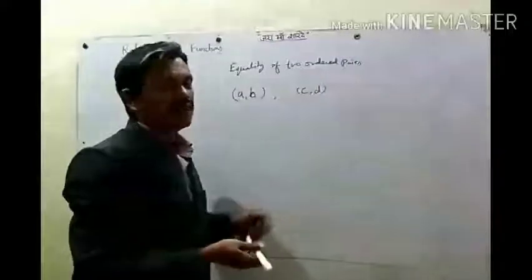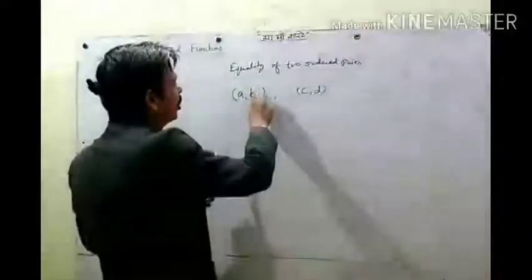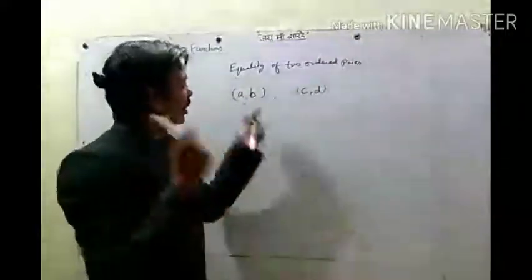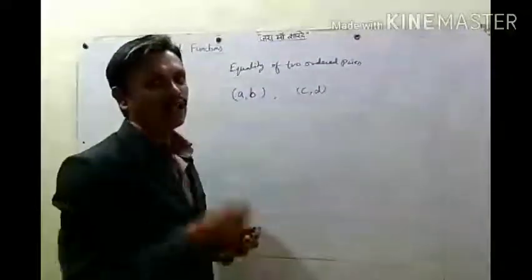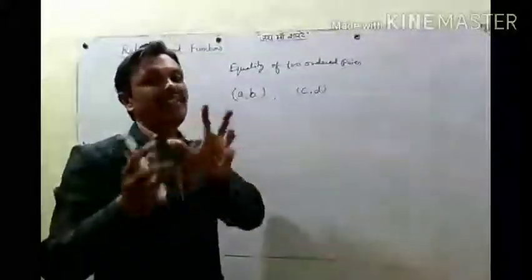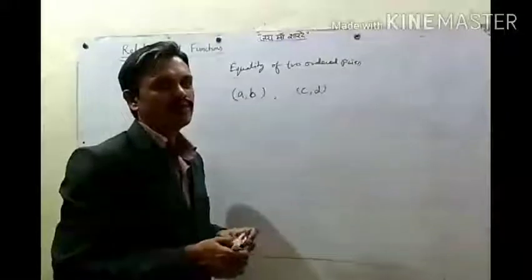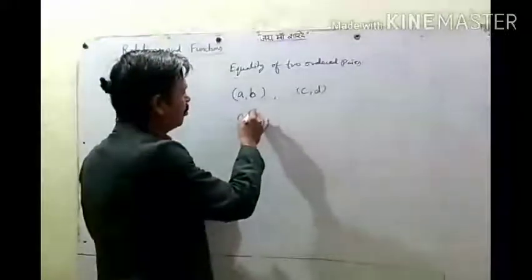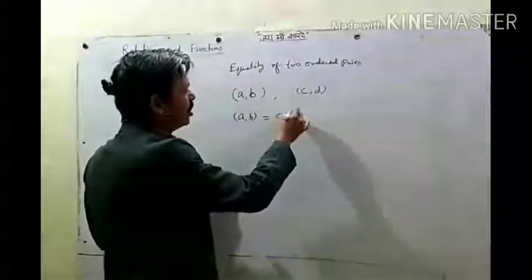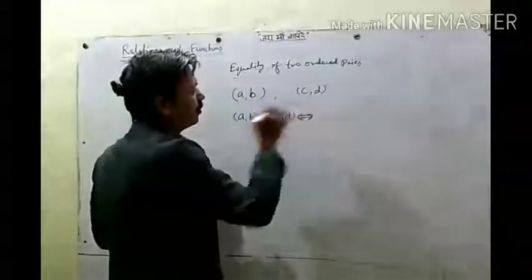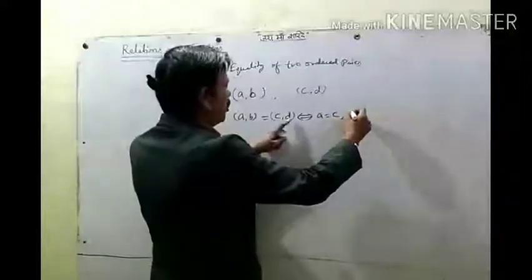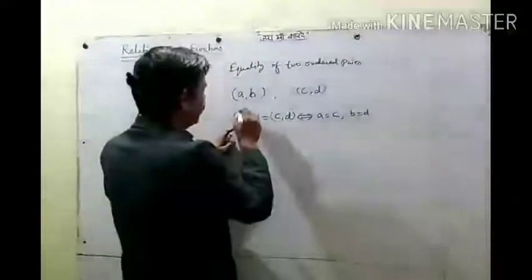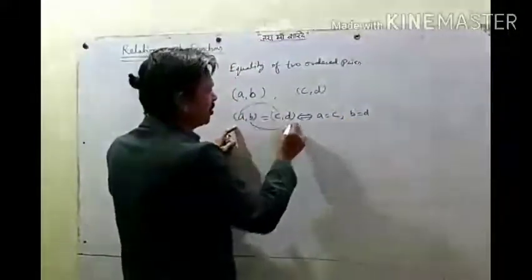These two ordered pairs are said to be equal if their corresponding first and second elements are equal. That means pair (a, b) is equal to (c, d) if and only if a equals c and b equals d. Their first elements are the same, their second elements are the same.